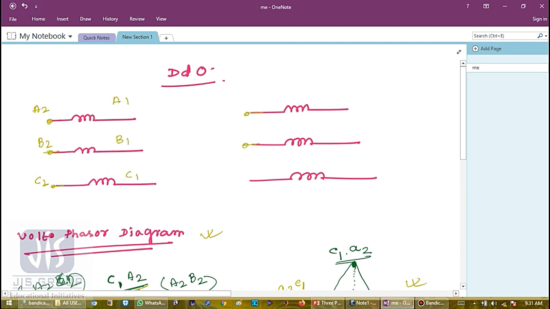Similarly, this is my A2, B2, C2. So this is my A1, B1 and C1. Okay.